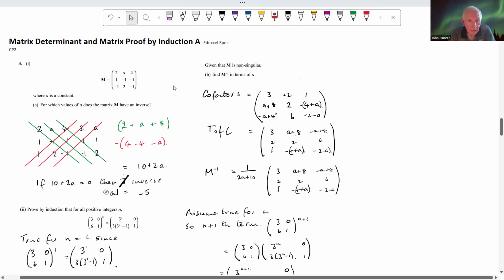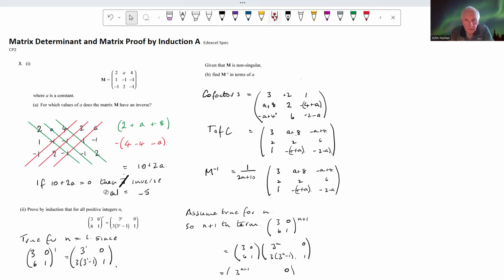Essentially, for this top left element here, if we ignore the first row and the first column and work out the determinant of what's left, it's that there. So the determinant is that.